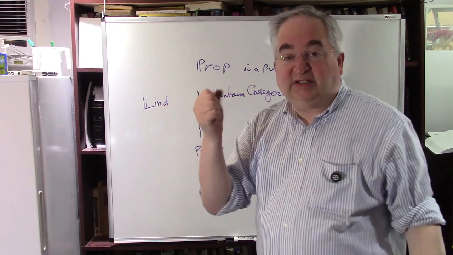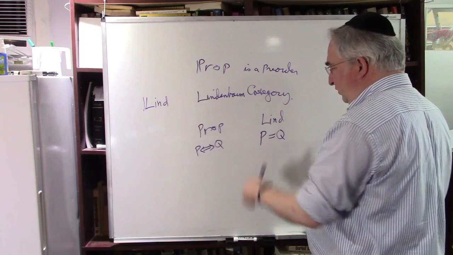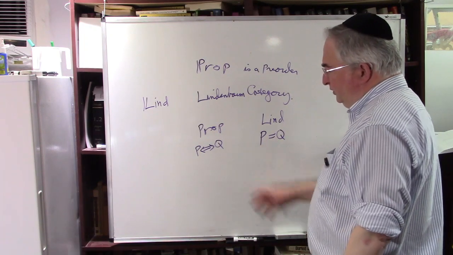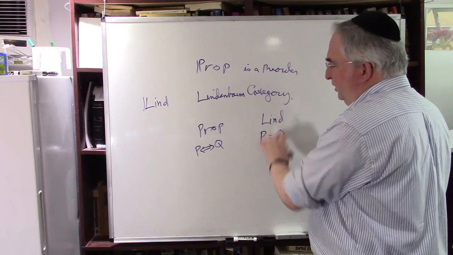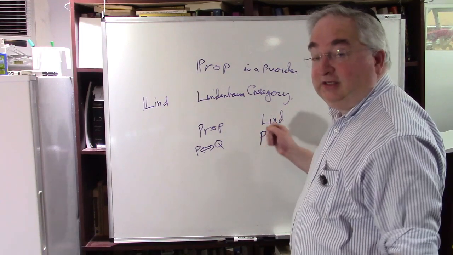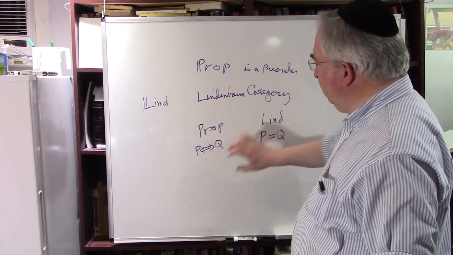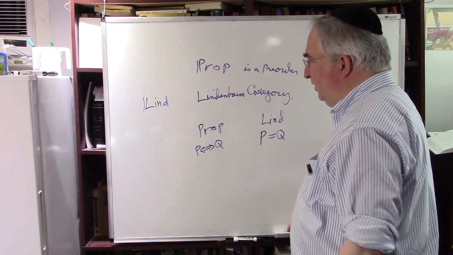Basically what it says is it just looks at those things where the propositions are actually equal to each other. So it picks out one isomorphism from all of them. This is a little bit of a stricter category. We're going to need this later on, but that's very nice. Usually logic takes place in here, but sometimes you need that strictification, and we'll talk about that a little bit later on.